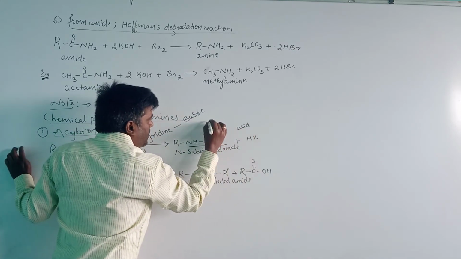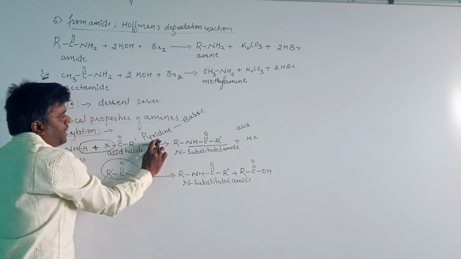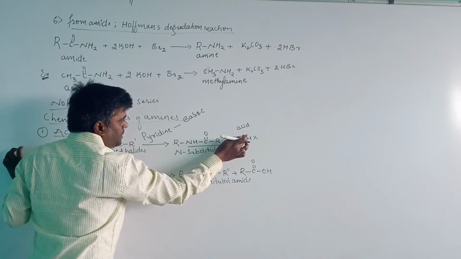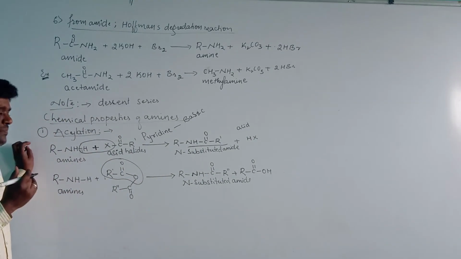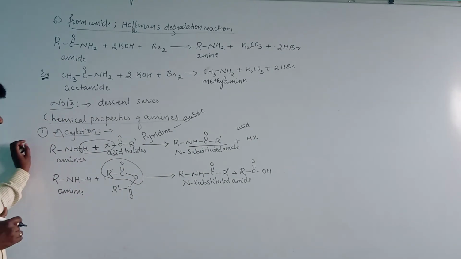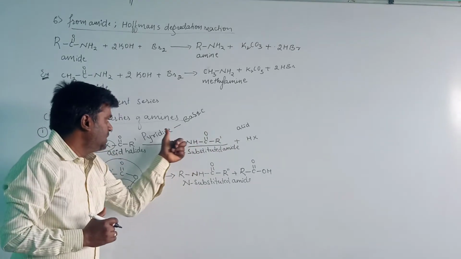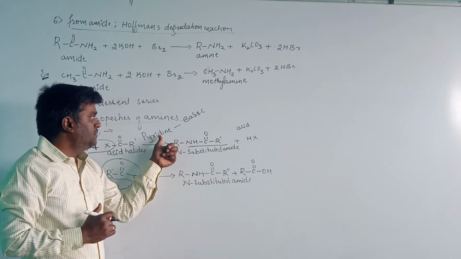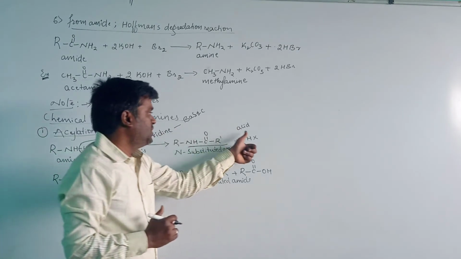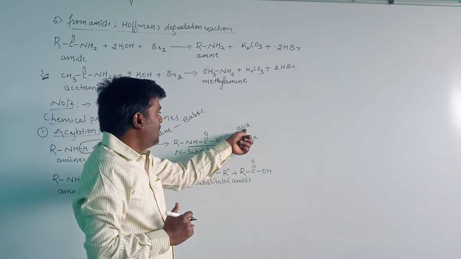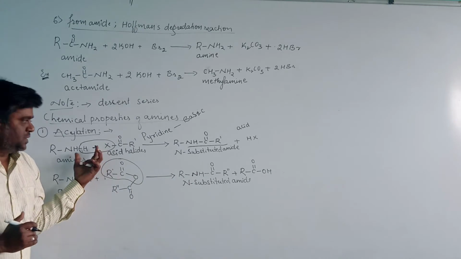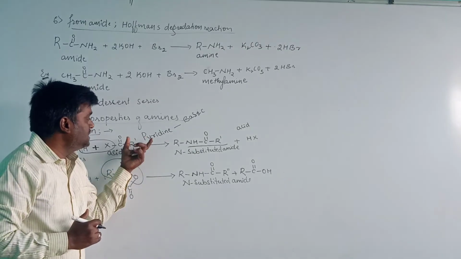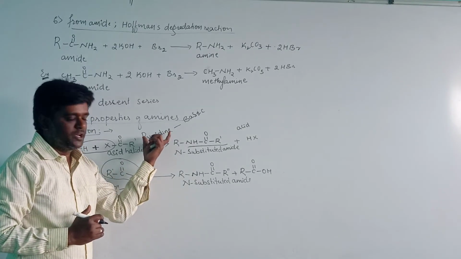When the pyridine combines with the acid, it will accelerate the rate of reaction. It increases the speed of the reaction by combining with the acid. Pyridine acts as a base and combines with the hydrogen halide, so it accelerates the speed of the reaction. Then it is used as a catalyst in the reaction.